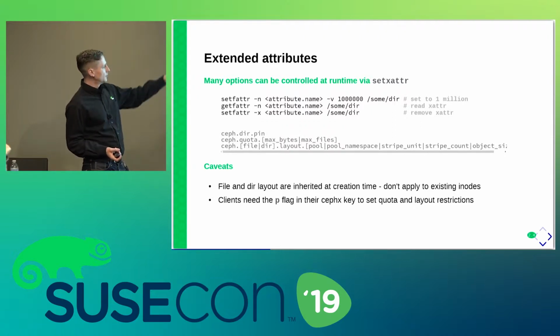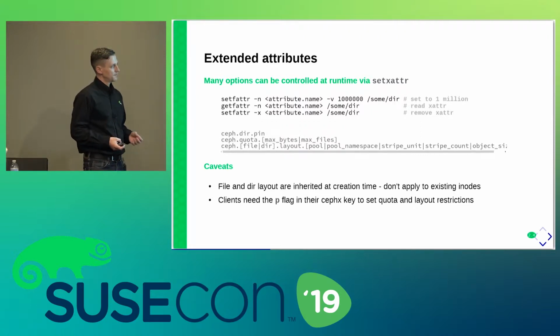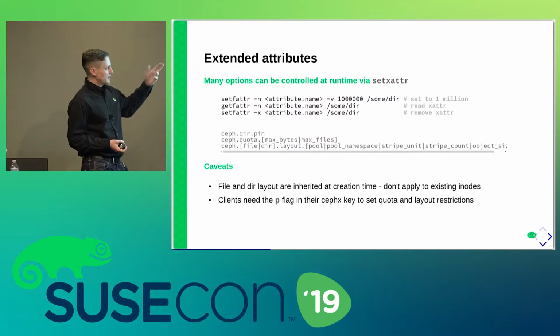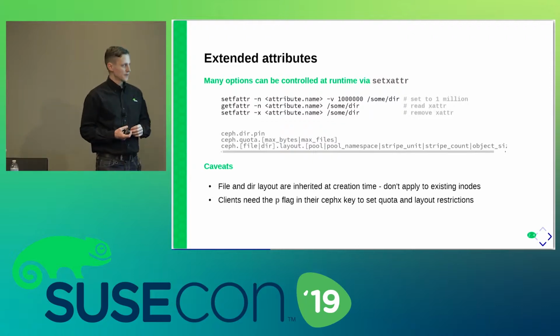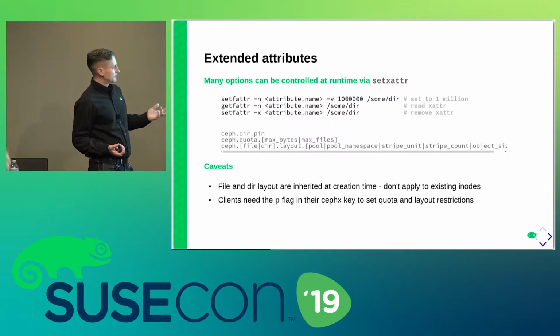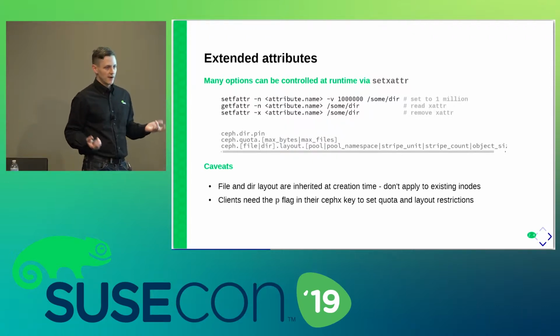And down below here, I tried to condense the configuration space that the extended attributes offer. So these are the names of the extended attributes. The top one I mentioned on the slide before is the directory pinning. And as a value, you just give it a rank number.